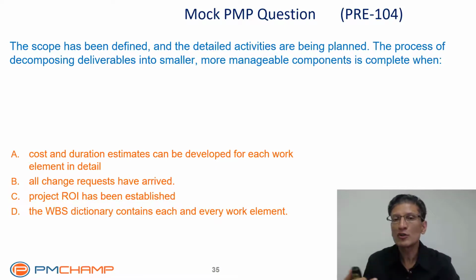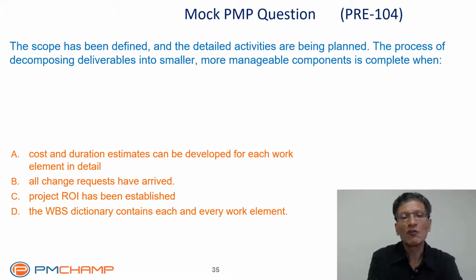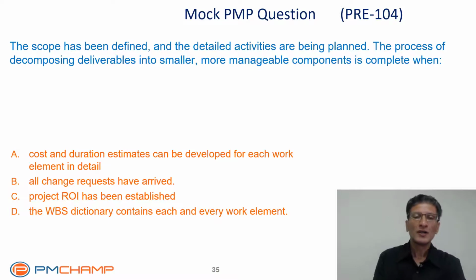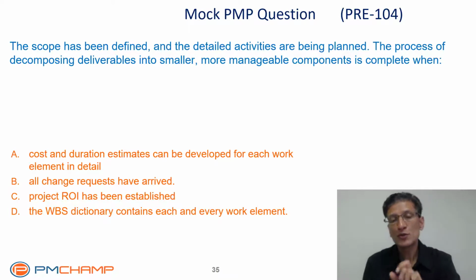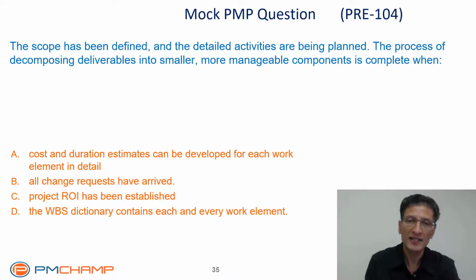If you know the order of processes, you will be able to do it quickly. But if not, you may be wondering, what is a work element? What is WBS? What is ROI? What is WBS dictionary? So there are terms which, if you don't have a proper understanding, they can throw you off. You won't be able to pick the right answer. So not only the knowledge of terms, but the knowledge of processes is important.